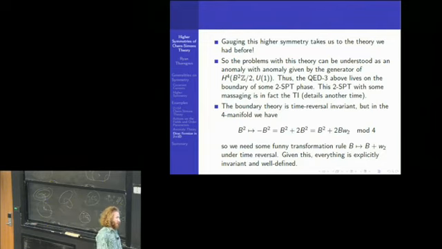OK, so that means b, in order to deal with this, needs to transform under time reversal. And so under time reversal, the Dirac quantization conditions of my gauge field are changing. So b goes to b plus w2. That will also introduce a term w2 squared. On a spin manifold, that's totally fine.